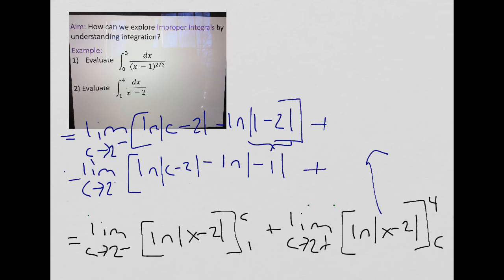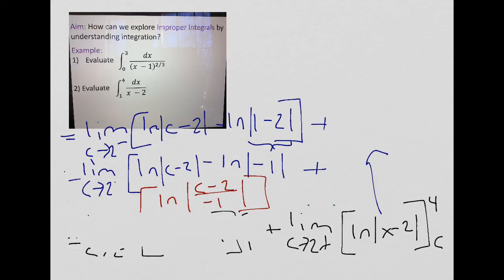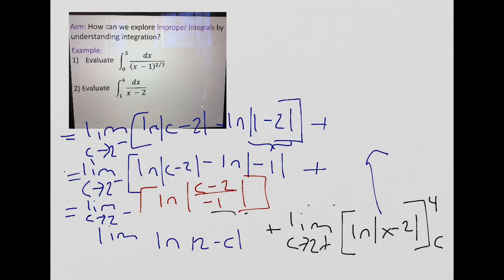We can rewrite this as the ln absolute value of c minus 2 over -1, which is the same as the ln of 2 minus c. So what is going on here if we were to graph this in some way?